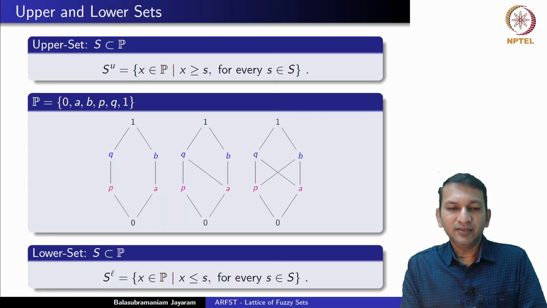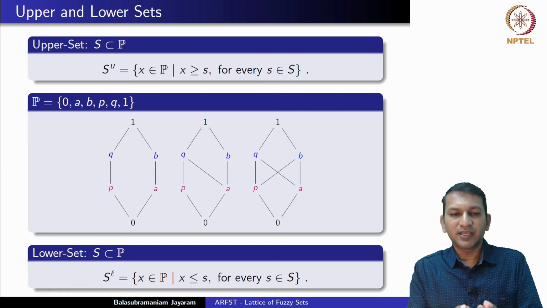It is clear now then that given any subset S of P, we can find the set of upper bounds and the set of lower bounds, which are called the upper set and lower set of S respectively.